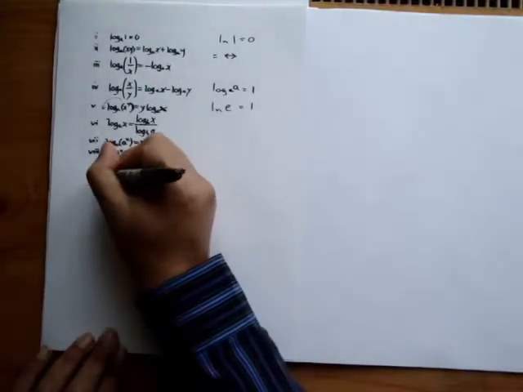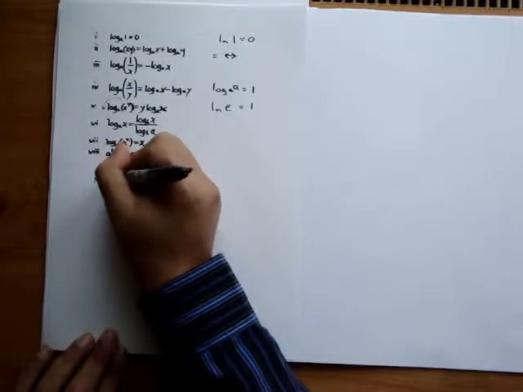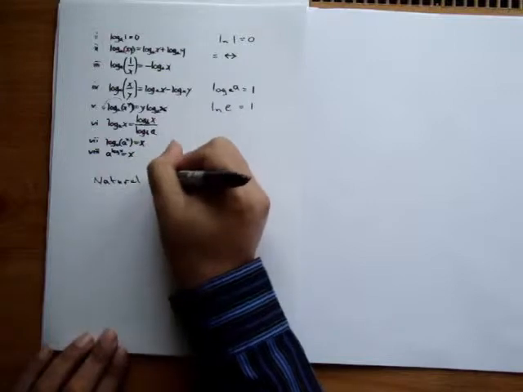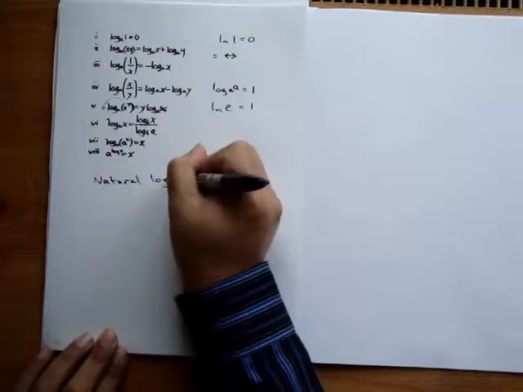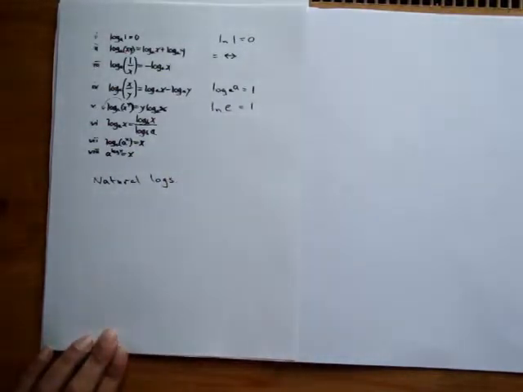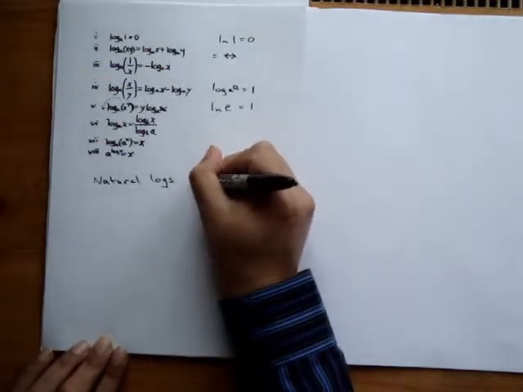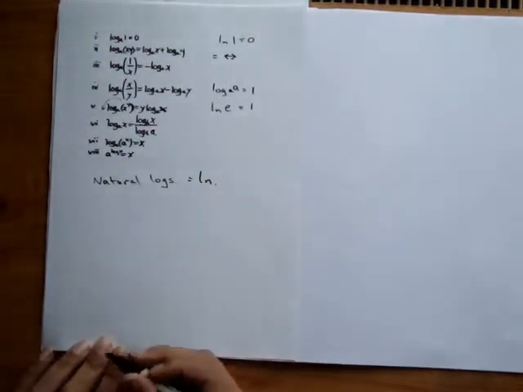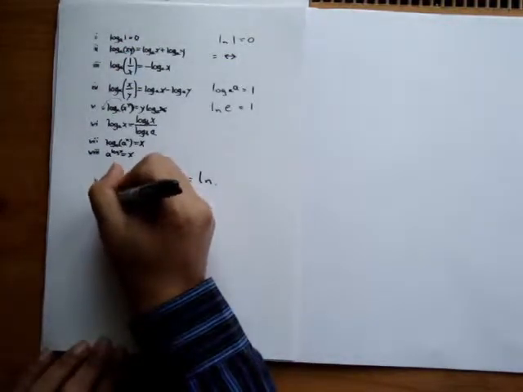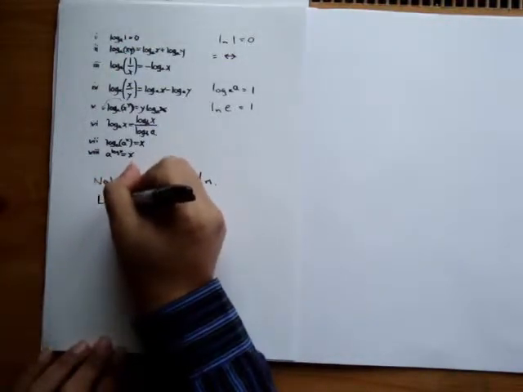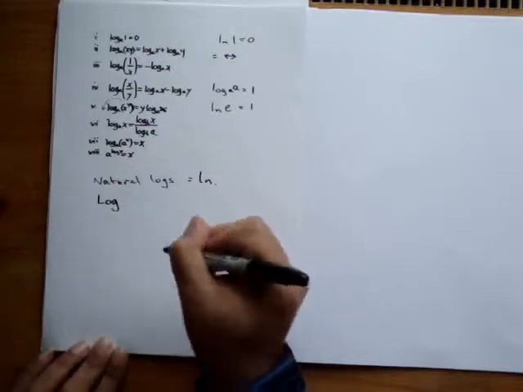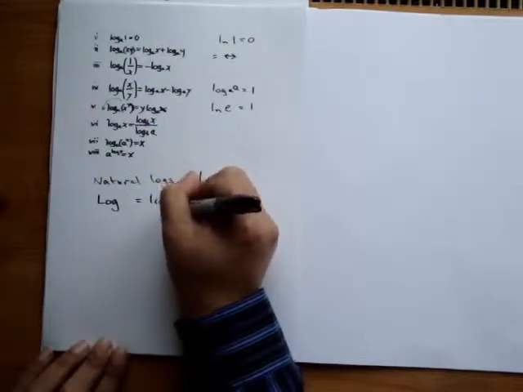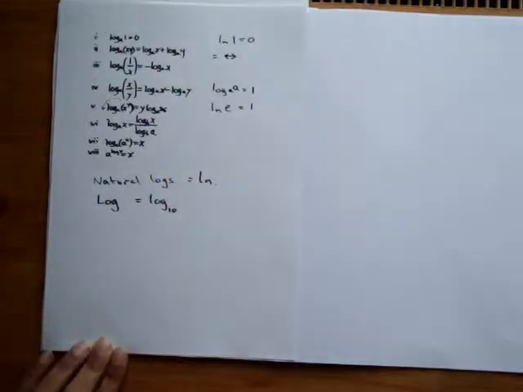Let's have a quick chat about natural logs. Natural logs we write as ln, and a log, when it's written that way, which is a standard log, we take as log to the base 10.